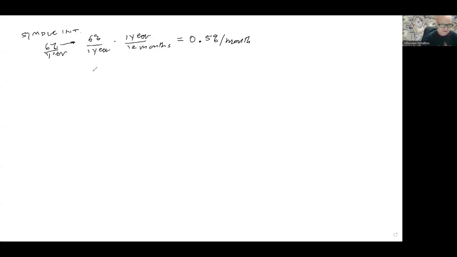Now, interest, which here is simple interest, is principal times rate times time. Our principal is the $3,000 that we deposited.